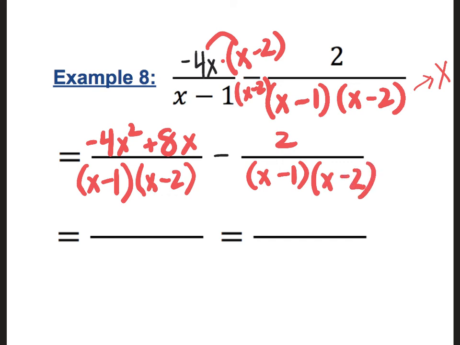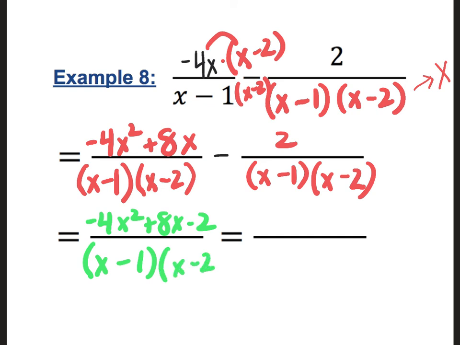Let's just combine what's on top first. I notice I have negative 4x squared plus 8x minus 2. On the bottom, I have x minus 1 times x minus 2.